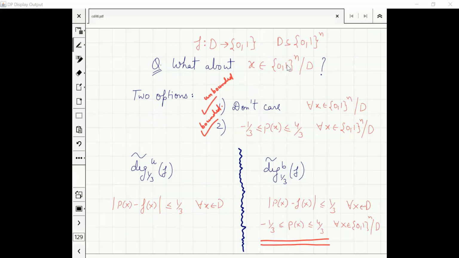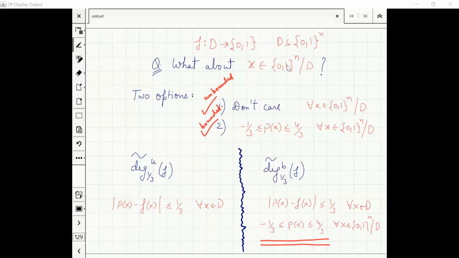Exactly. So at this point, approximate degree can be defined in either ways. Depending on our use, we will either use the unbounded version or the bounded, right? But if the definition is clear, what is the relation between the left-hand side and right-hand side, the unbounded approximate degree and bounded approximate degree? Less than or equal to.